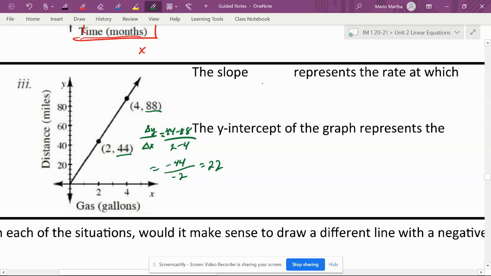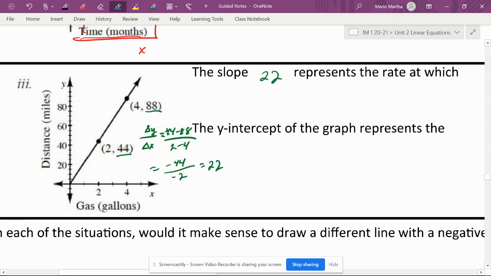So that's the slope. The slope 22 represents the rate at which we are using gas, or how many miles per gallon you're getting, right?